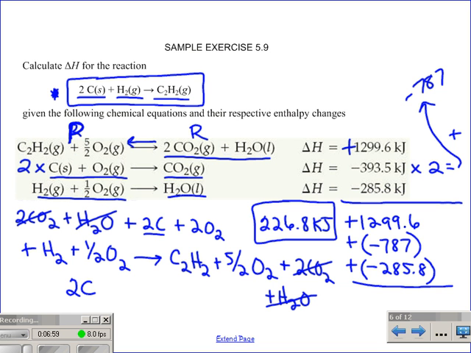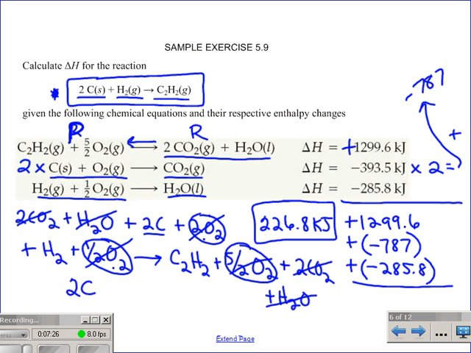And then I have a total of 2.5 oxygens over here, and I have 2.5 oxygens over here. 5 divided by 2 is 2.5. So you combine like terms on both sides if necessary, and those are going to cancel.